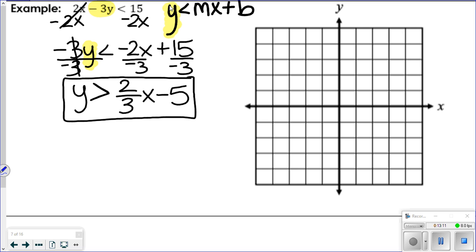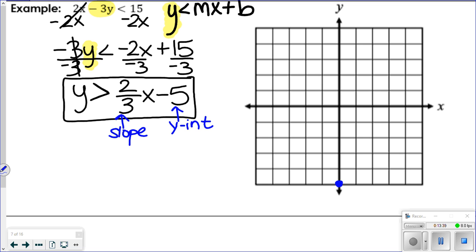What is my y-intercept here? My y-intercept is negative 5. So on our y-axis, we're going to count down 1, 2, 3, 4, 5. So all the way here at the bottom. And then our slope, our rise over run, is a positive 2/3.